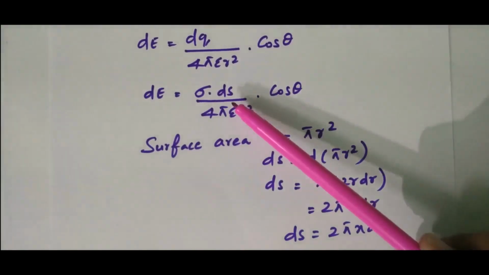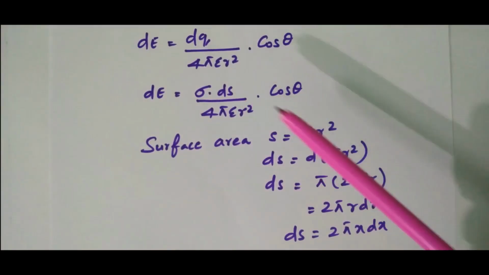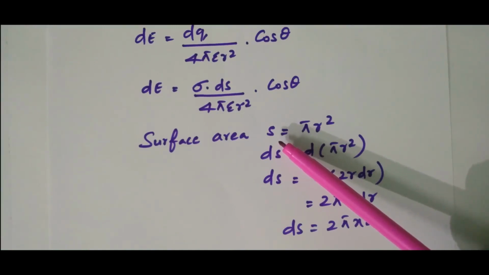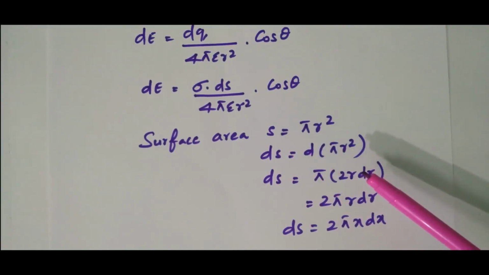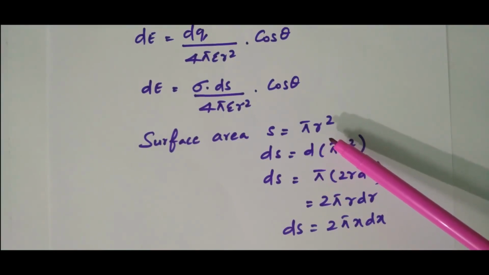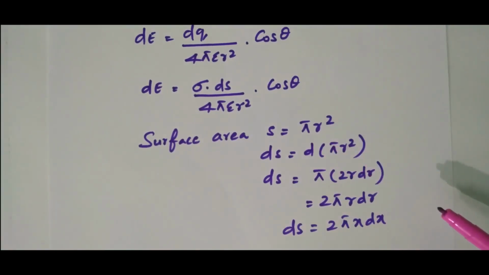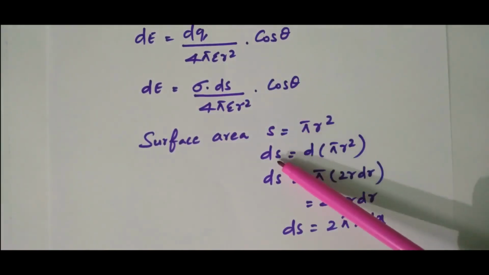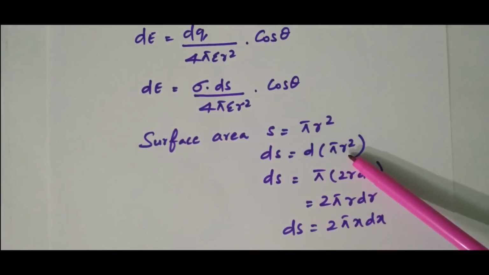Now we'll see the expression for this ds. S is nothing but the surface area of the disk. It's like a compact disk. S equal to pi r square. You know that the area of the disk will be pi r square. Here we need ds, so differentiate on both sides.